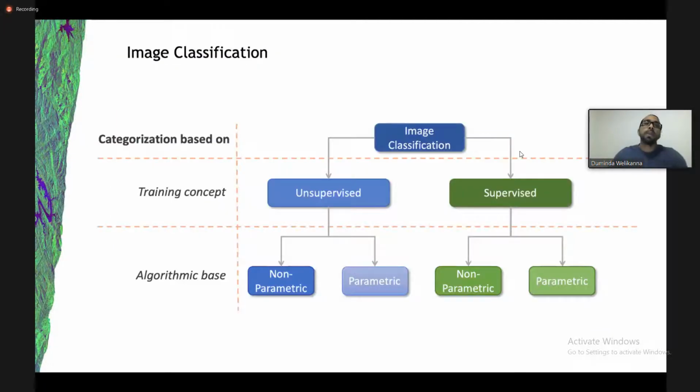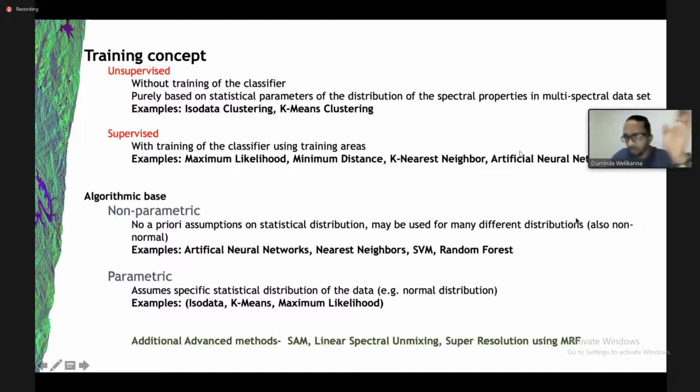So it goes on. Classification can be divided into unsupervised and supervised, and also parametric and non-parametric methods. Not going into detail, but just remember, if somebody asks you what the classifications are, there can be supervised classification and unsupervised classification. Most of the people who have done remote sensing by now know what I mean by supervised and unsupervised classification, and also non-parametric and parametric classification.